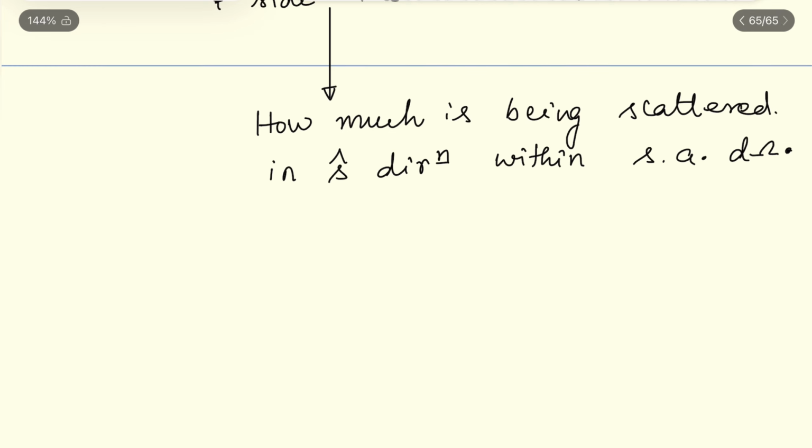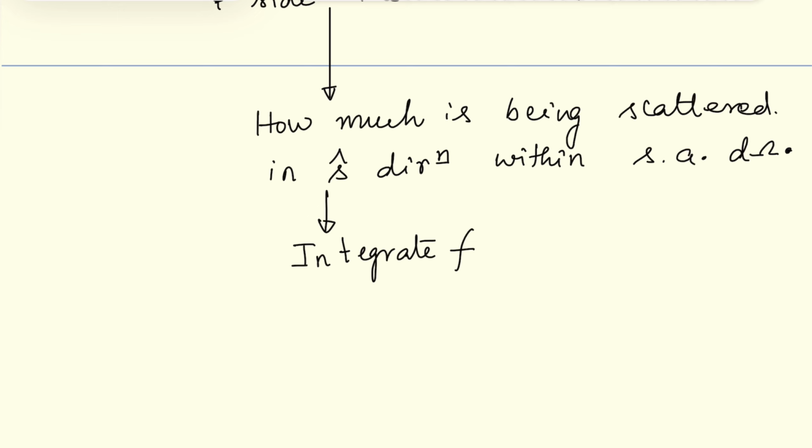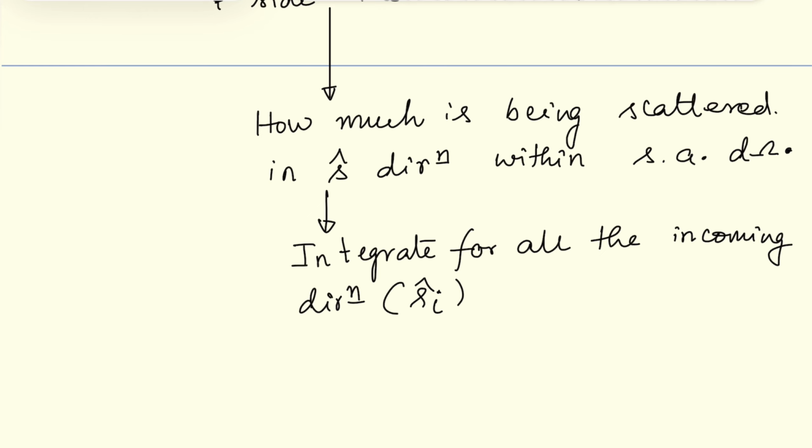Then I need to integrate for all the incoming directions, that is the SI.